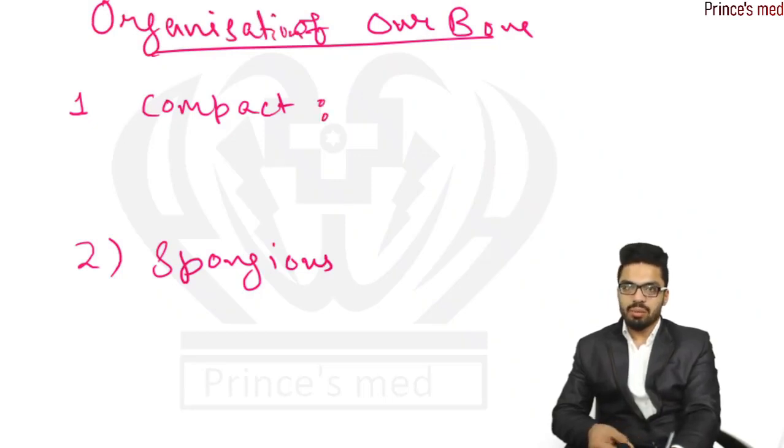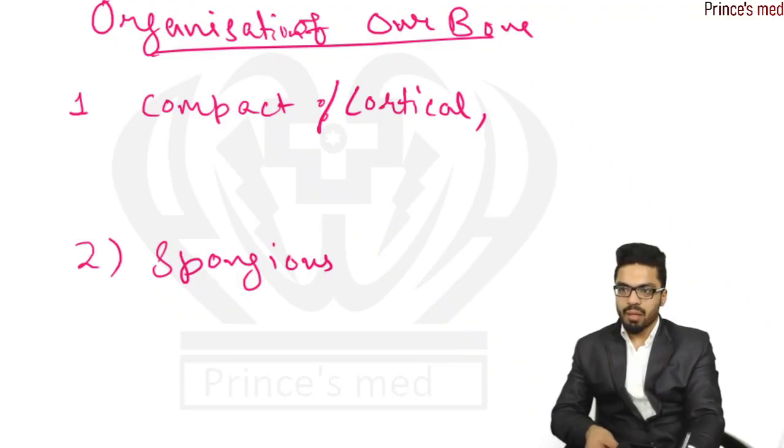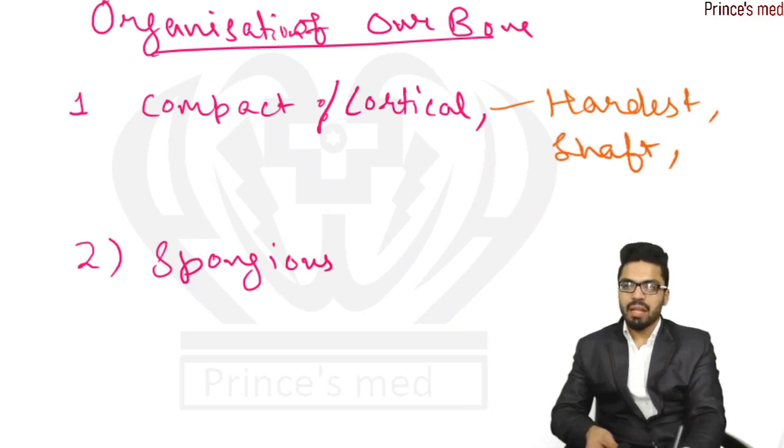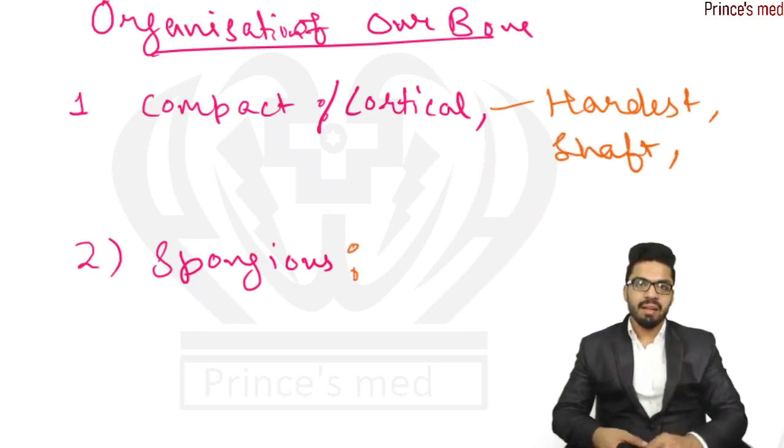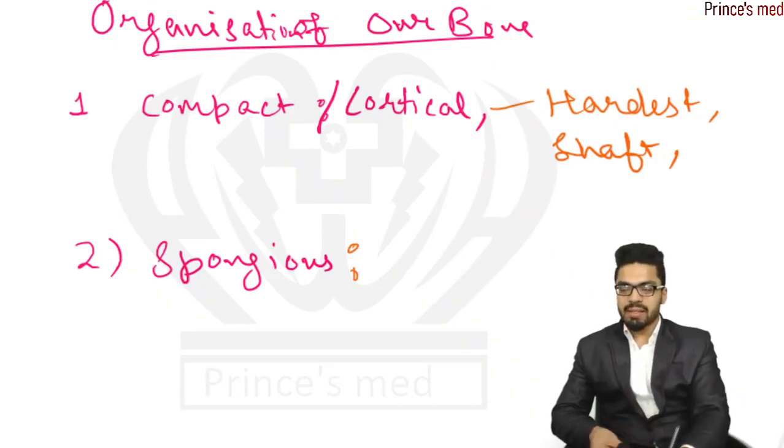Compact bone is also known as the cortical part. It is the hardest part of our bone, and it is mainly present in the shaft region. Spongy bone, as its name shows, looks like a sponge, and it has some spaces in the bone, and it is mainly present in the end part of the bone and near the bone marrow.